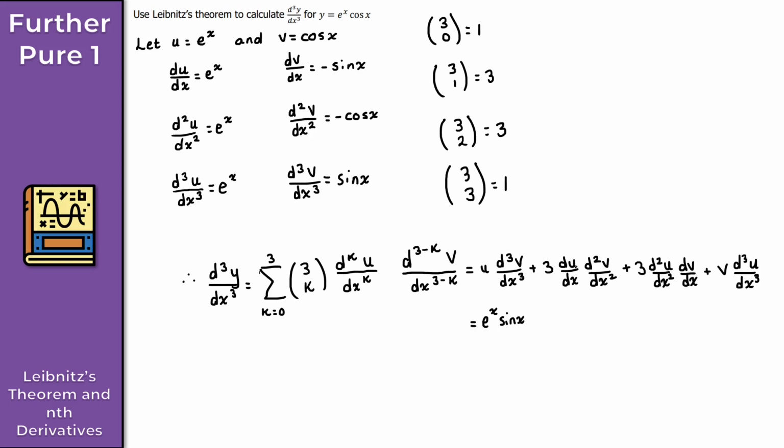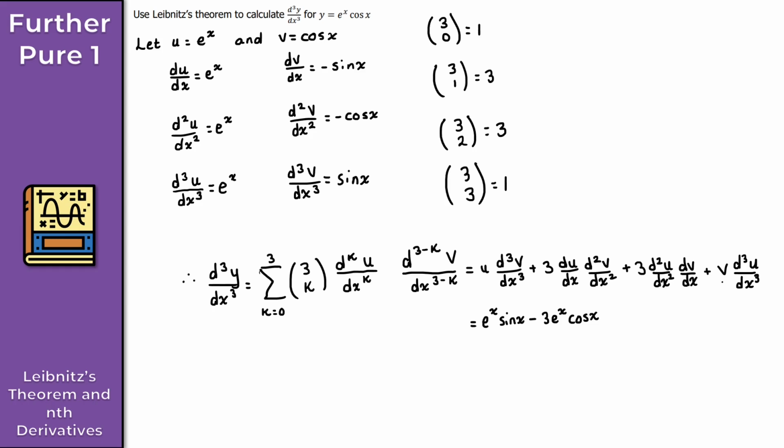We then get 3 times du by dx. So that's 3e to the x, so plus 3e to the x here, times the second derivative of v, so that's minus cosine x. So this would change from a plus to a minus here. So cosine x, and change the plus to a minus. So plus becomes a minus like so.